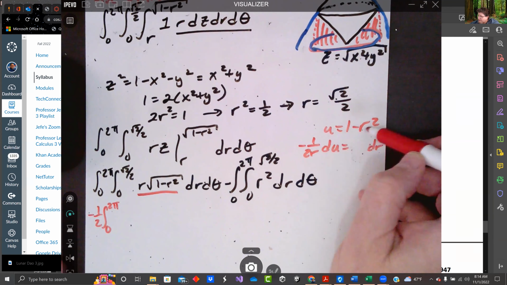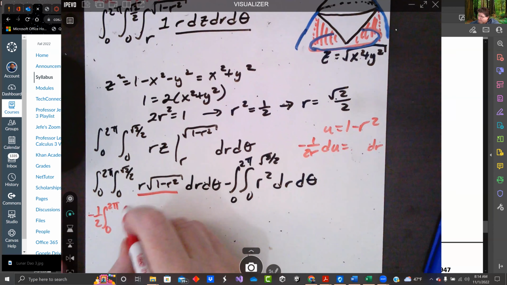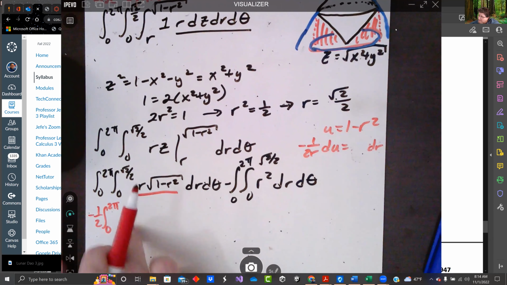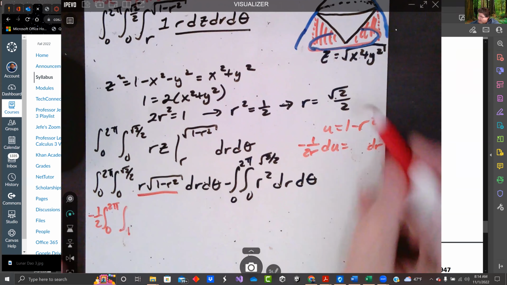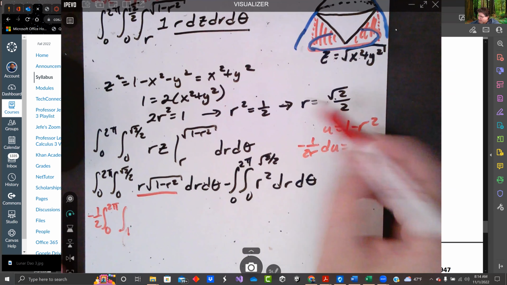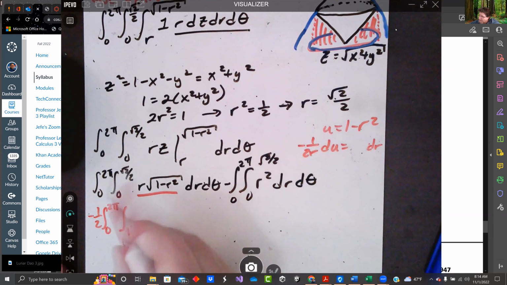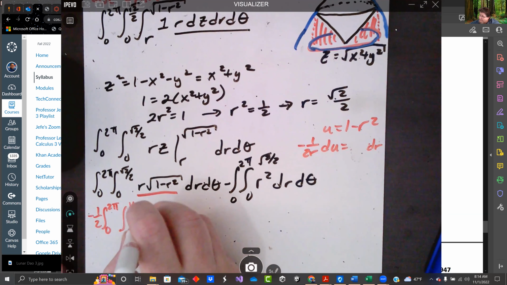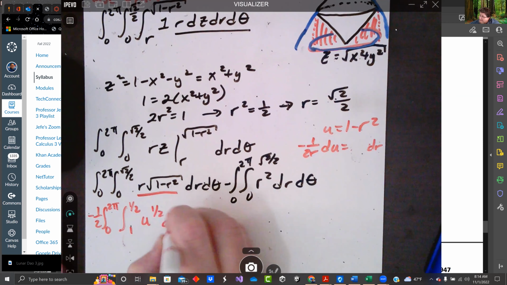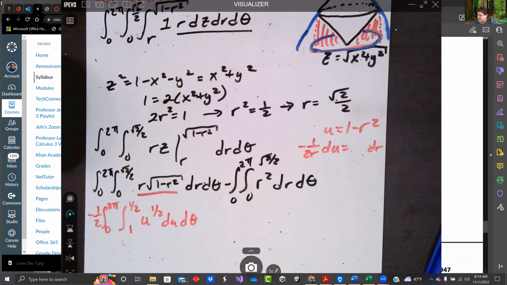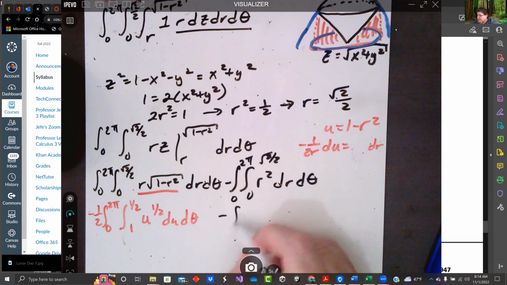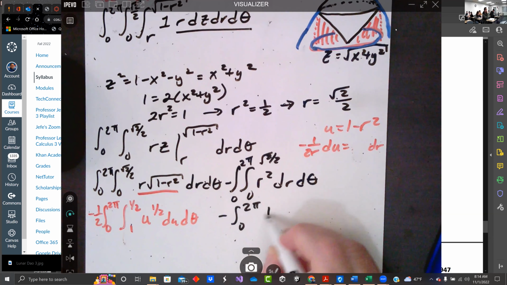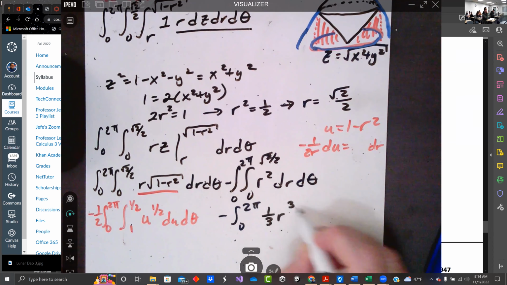The bottom one is r equals 0, so when we plug it in, u equals 1. And r squared is 1/2 up here, so 1 minus 1/2 makes the upper limit 1/2. And now I've got u to the 1/2 du d theta. And we still have our other one, but we can start integrating that now, 0 to 2 pi, 1/3 r cubed.